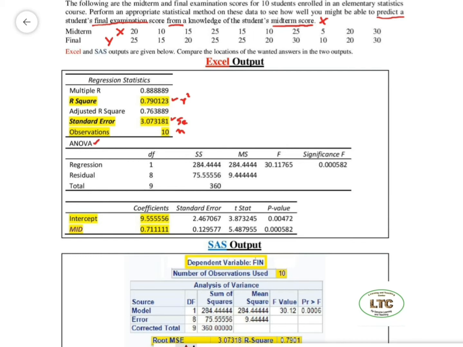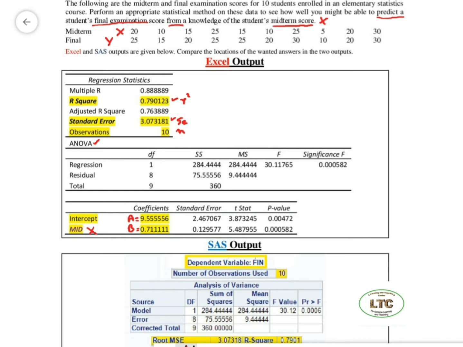Go to the last table, the coefficients table: intercept A, and this is X, midterm score, so slope B value is here. So y hat, the estimated final score, is equal to A plus B times X.